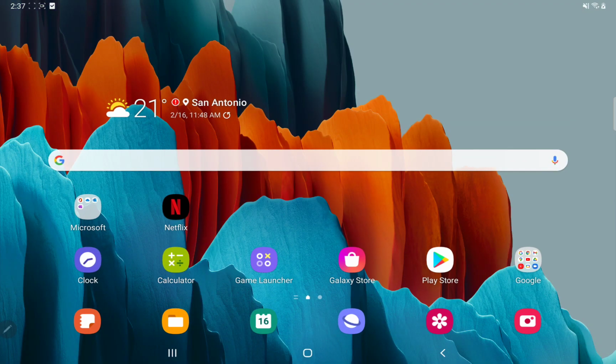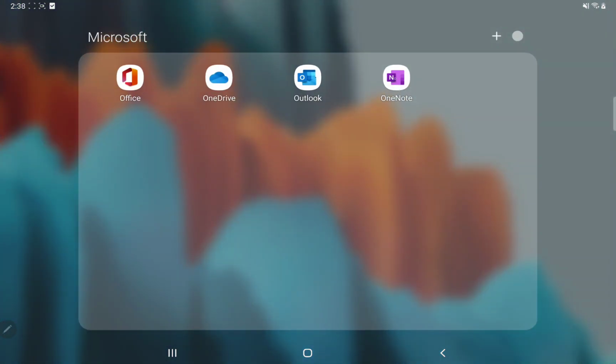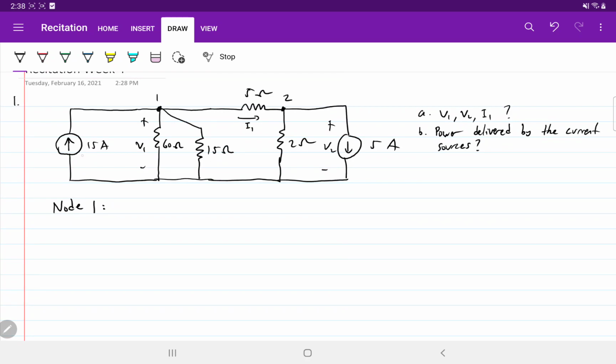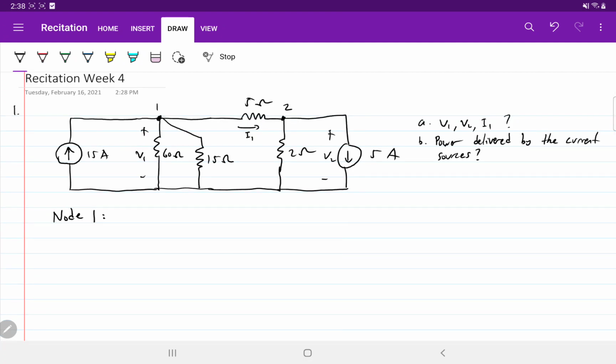What do we have? Sorry about that. At node 1, first the current from this source is going into the node, right? But the node voltage technique is defined assuming that current is going out from the corresponding node.